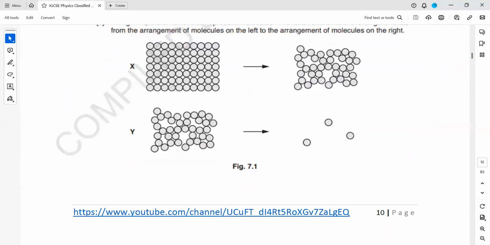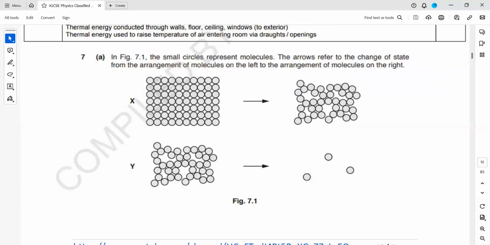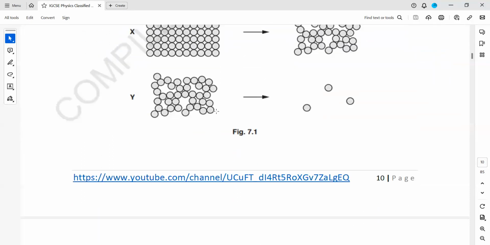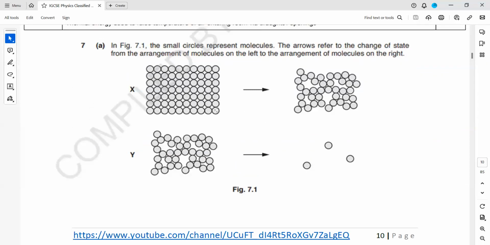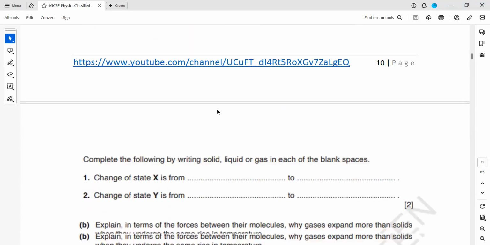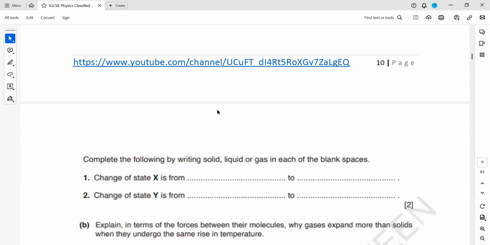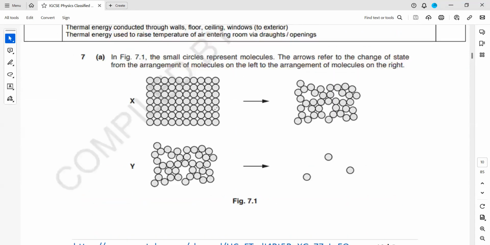So page 10, then we have, this is also in figure 7.1. The arrows are representing the change of state. The change of state at X is from dash to dash, and Y. So at X, what is the change in state here? Which form has converted into which?